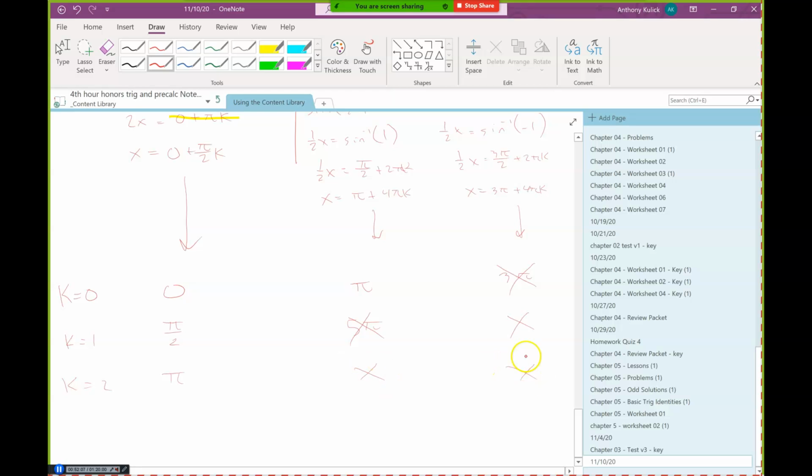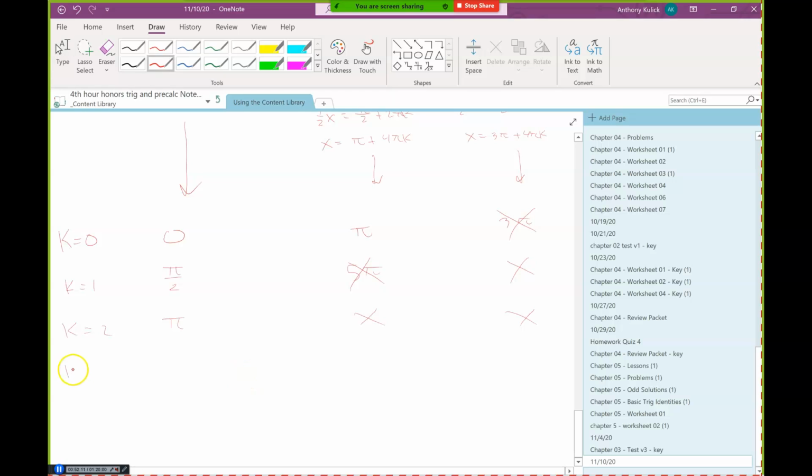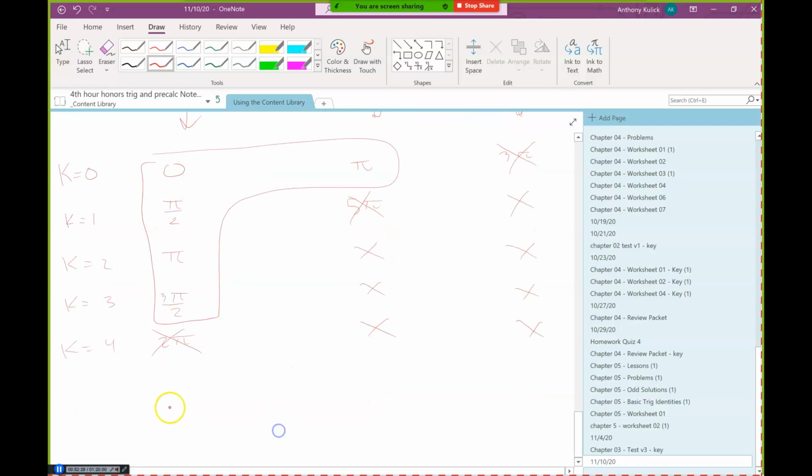I don't have to worry about these ones, already too big. When k equals 3, I get 3 pi over 2. And when k equals 4, I get 2 pi, which is technically too big. So these are my answers that I found. I don't have to list pi twice. So those are my 4 solutions.